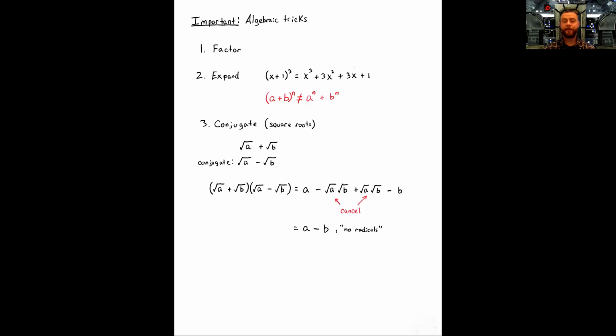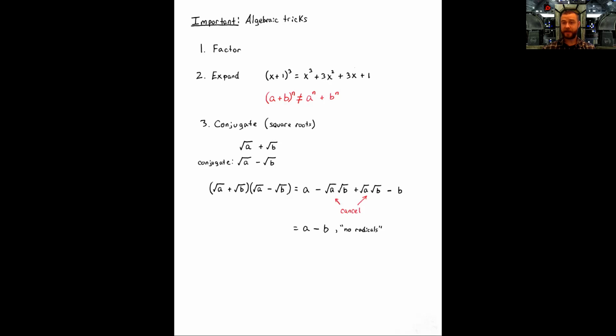And that's something that always happens when you have an expression and you multiply by its conjugate: there are no more radicals. Notice our answer here, a minus b, has no square roots or radicals in it. All right, that's going to be a third algebraic trick, using the conjugate. Typically, like you did in your algebra course, you would multiply and divide by the conjugate.